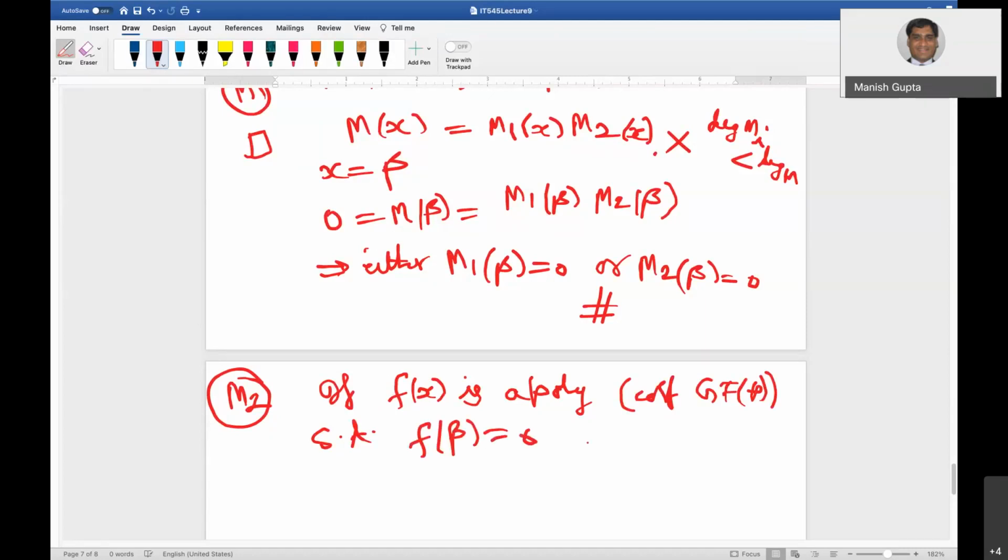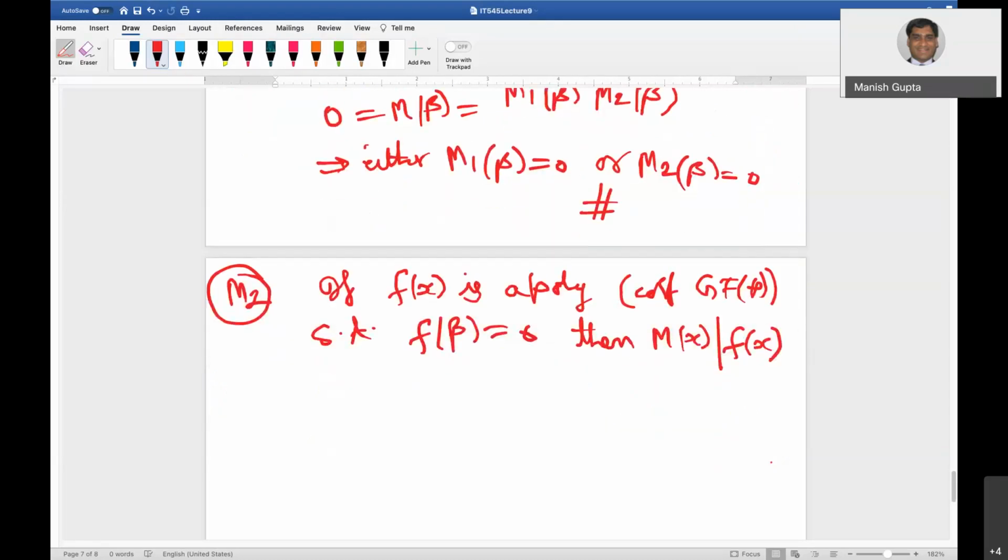Okay, then our result says that mx should divide fx. So mx is a polynomial of lowest degree. It's a minimal polynomial of beta for which beta is a root. Then if beta satisfies some other polynomial fx, ठीक है, then mx minimal polynomial of beta will divide fx.